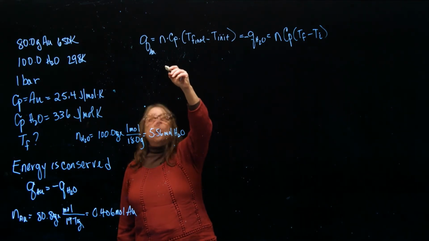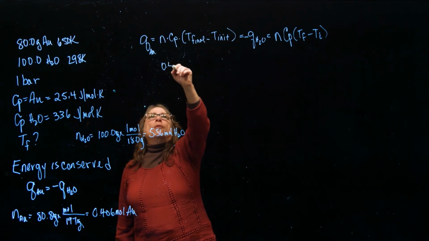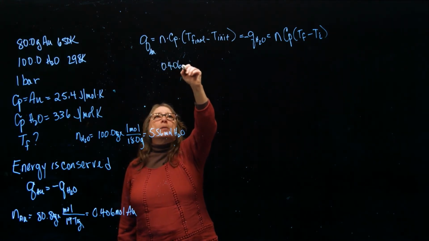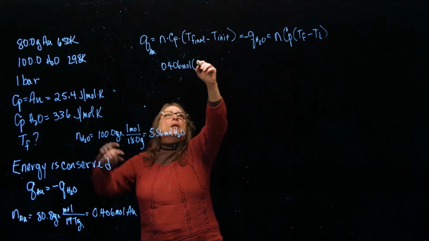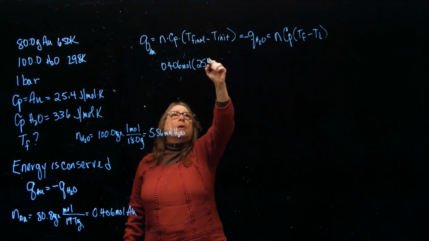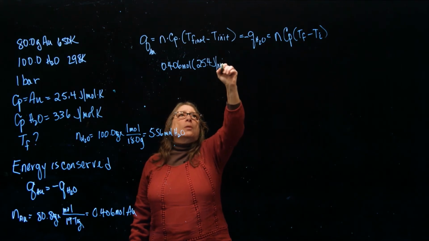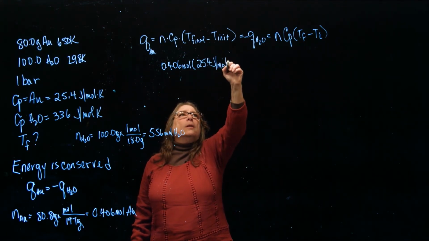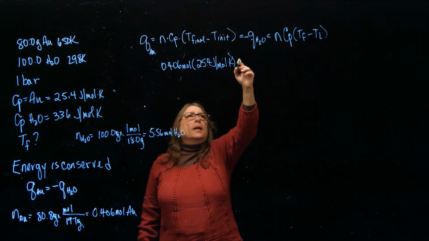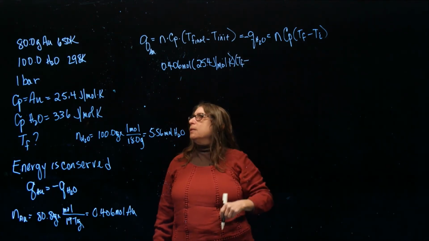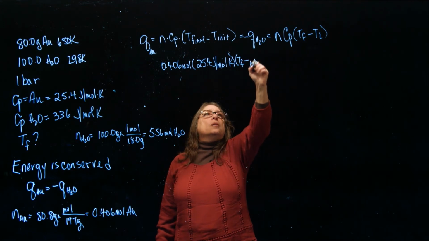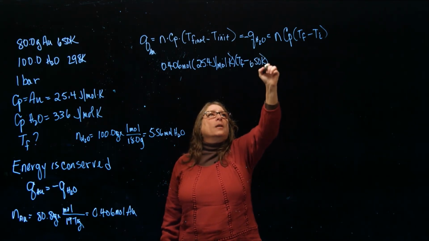So the moles of gold is 0.406 moles. The heat capacity of gold is 25.4 joules per mole Kelvin. And I'm going to multiply that by the final temperature minus the initial temperature, which is 650 Kelvin.